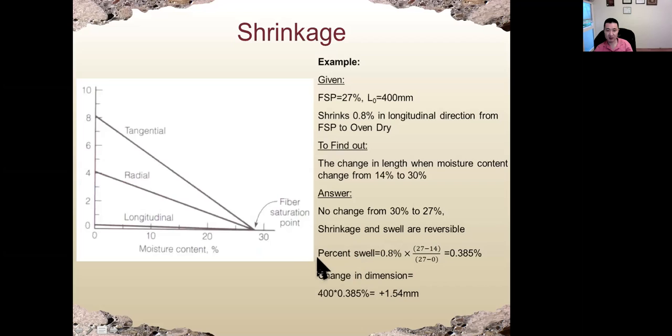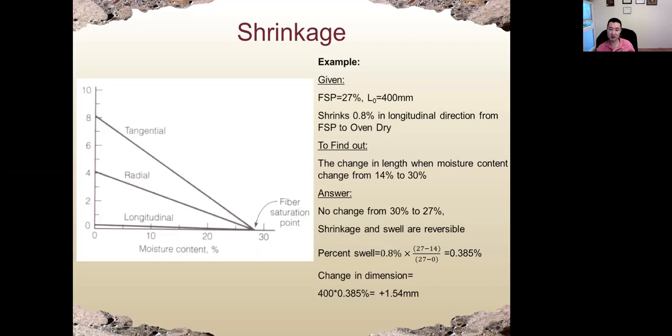Based on that, the percent swell is computed. It is 0.8% total between 0 and 27%, so for 27 to 14%, we have around 0.35%.